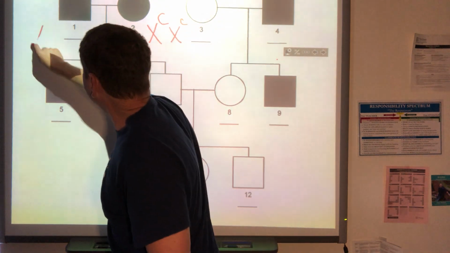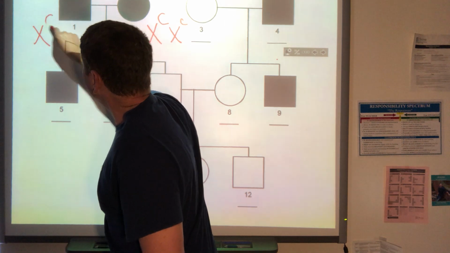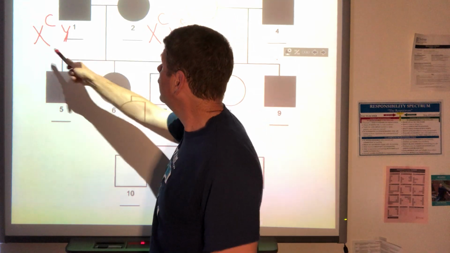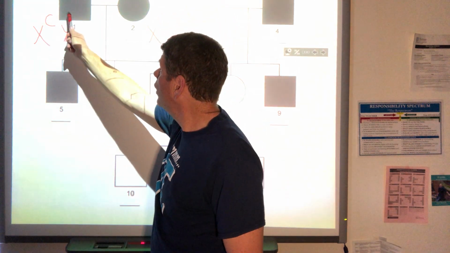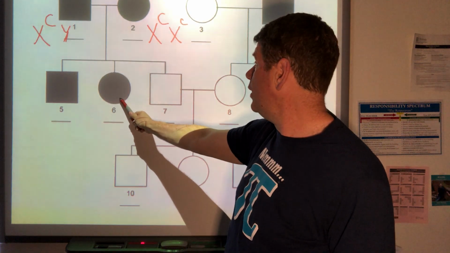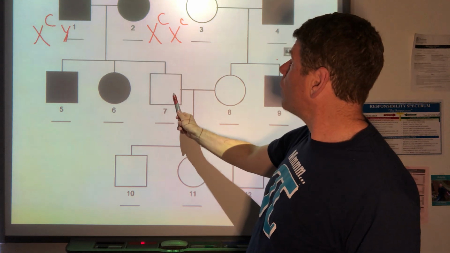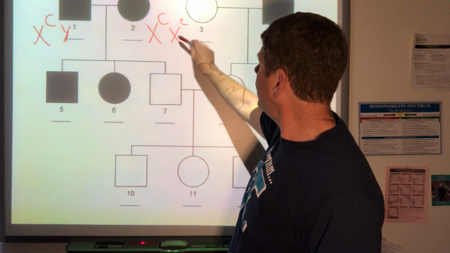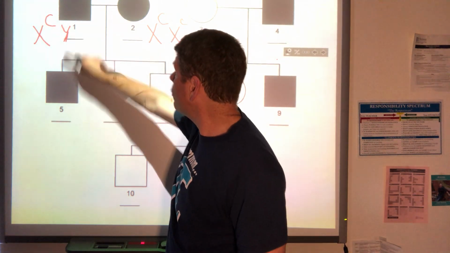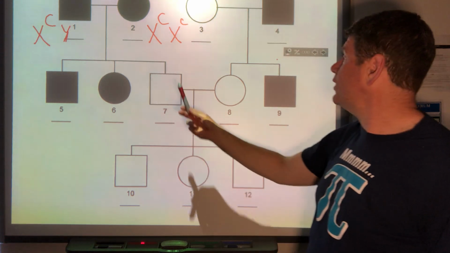This is an affected individual, but it's dominant, right? So if it's dominant, this dad gives all the females his X, so all females have to be affected. We see an affected female, but the males maybe not, right? Because the male can get the X with the little c, males always get the Y from dad. So that's why we could have potentially affected or unaffected males.